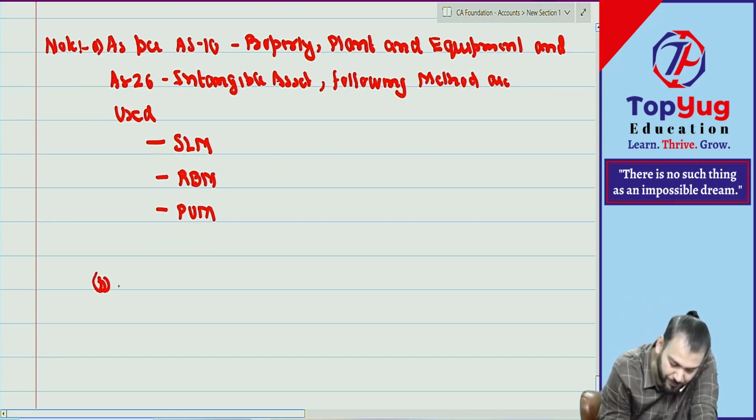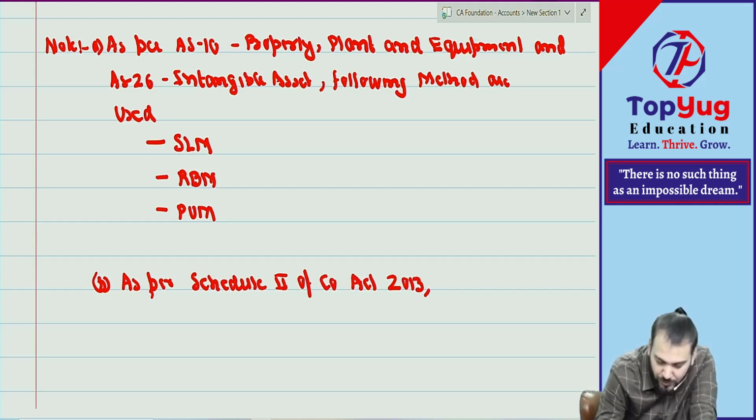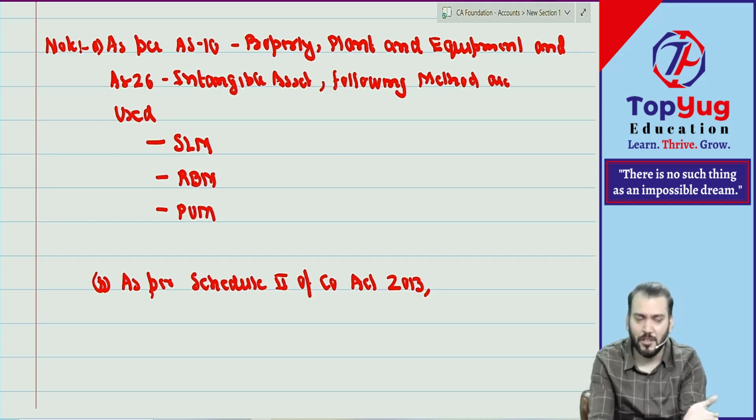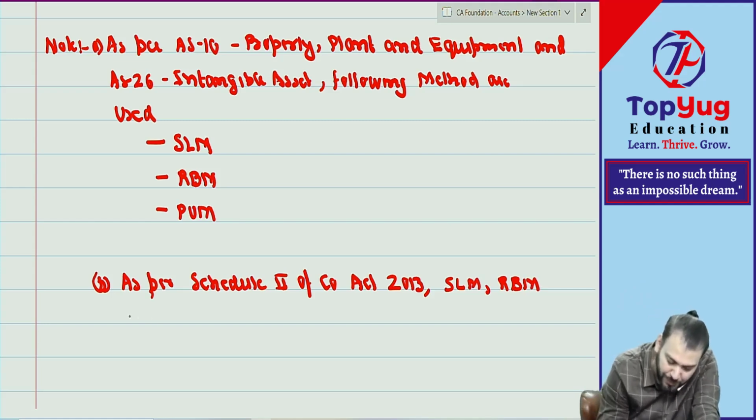Understood? Point number B. As per Schedule 2 of the Companies Act 2013, the Companies Act also says there are three methods. Understood? It means other methods are useless because practically we use only these three. So as per the Companies Act also, SLM, RBM and PUM will be used.